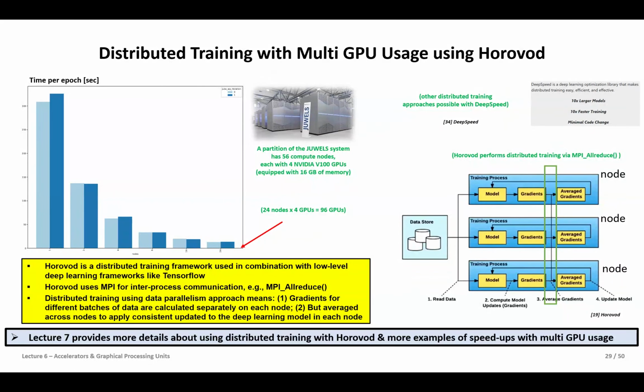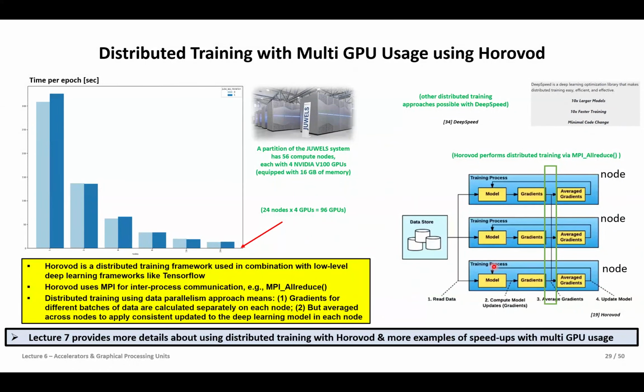This is the MPI standard, right? So here we use an MPI Allreduce. Allreduce means everybody gets the reduction operation outcome, which in our case is an average of the gradients that you can then, per node, use to update the model. And in this sense, you have distributed learning possible.